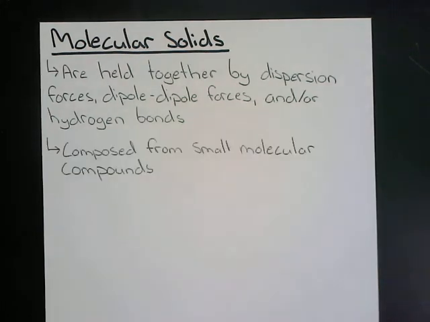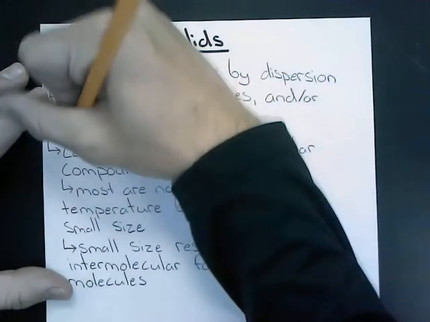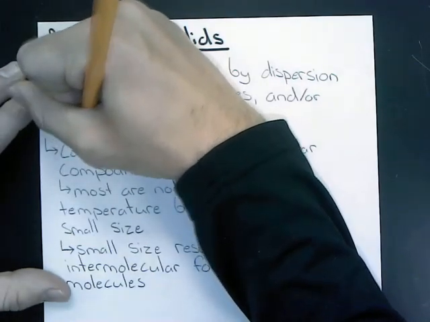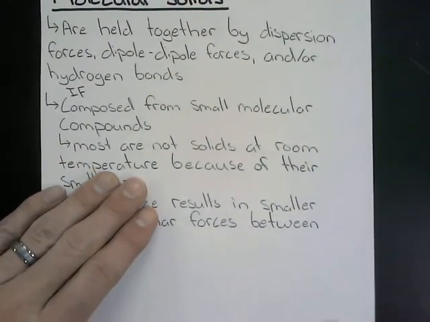Most of these molecular solids are not solids at room temperature because of their small size, and this small size results in smaller intermolecular forces between the molecules. I should have started this up here: if they are composed of small molecular compounds, these are their properties.